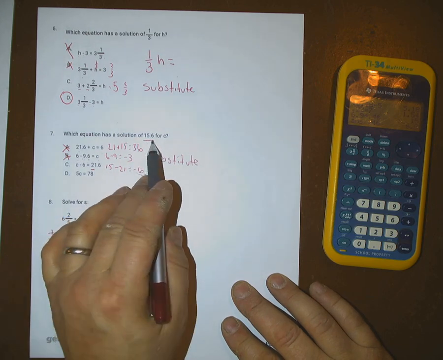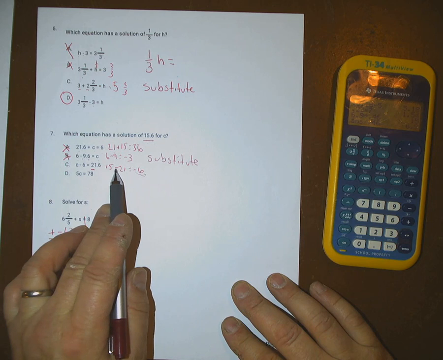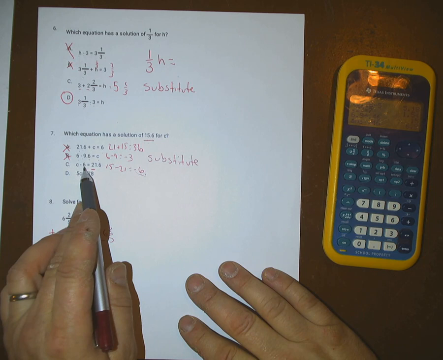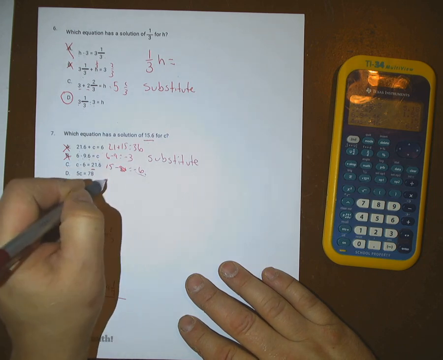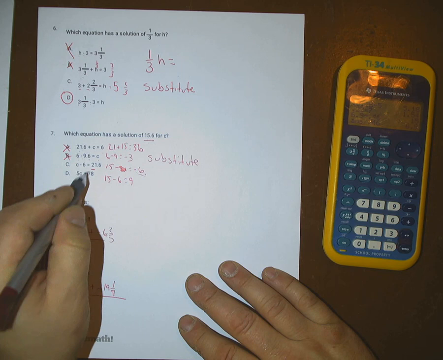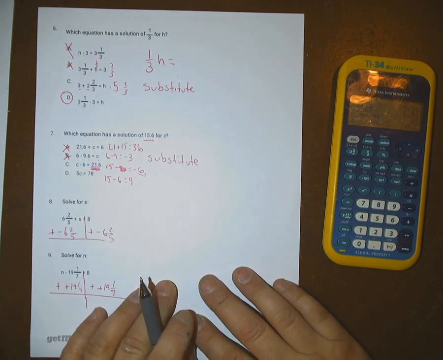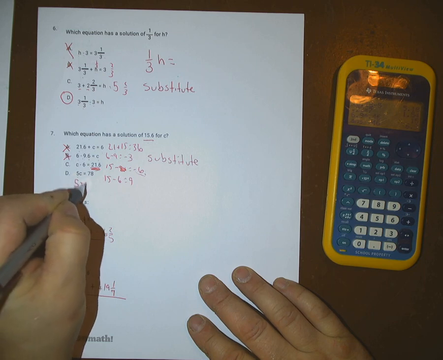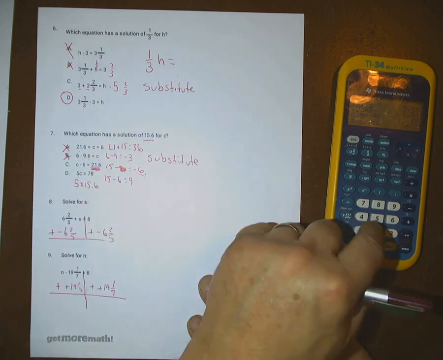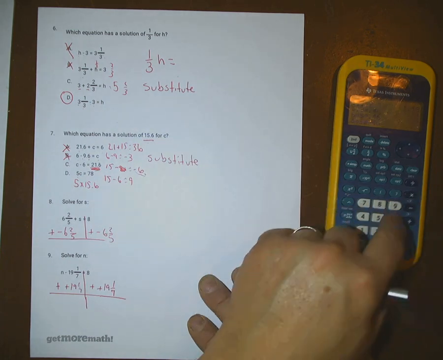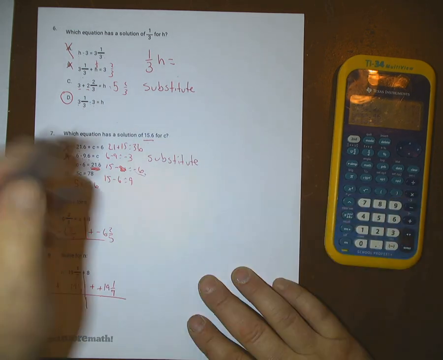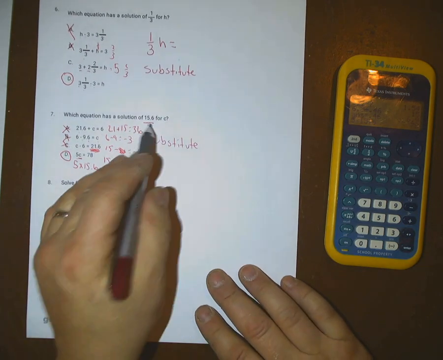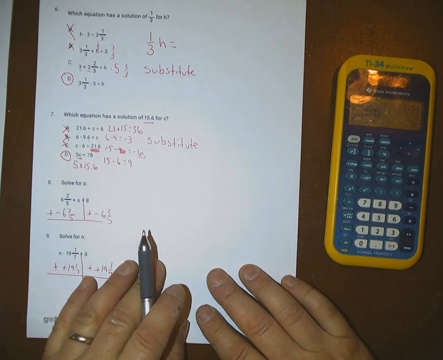So it's not going to be 15.6 in there, because if I did 15 minus 6, that equals 9, not 21.6. Okay. And then if I take 5 times 15.6, I bet that's going to have to be it. 5 times 15.6 equals 78. So when I substitute in 15.6 here, it equals 78.